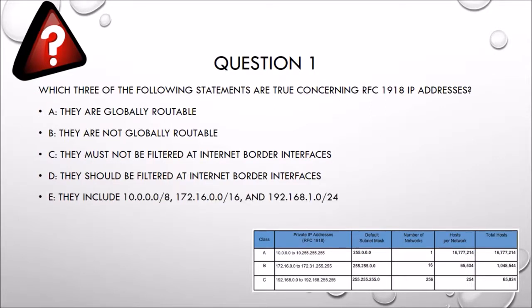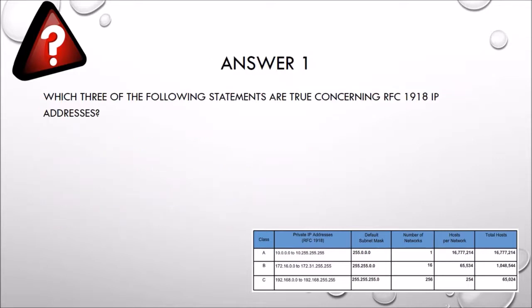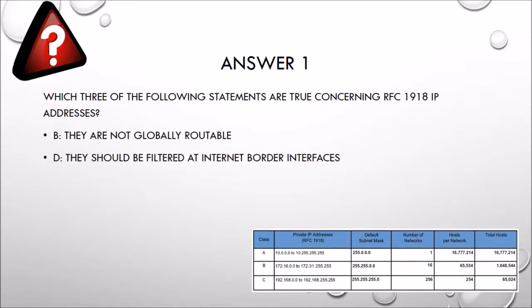E. They include the subnets 10.0.0.0/8, 172.16.0.0/16, and 192.168.1.0/24, or F. They include the subnets 10.0.0.0/8, 172.16.0.0/21, and 192.168.0.0/16. And the answers are B, D, and F.